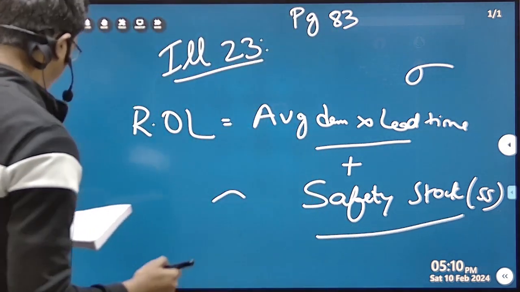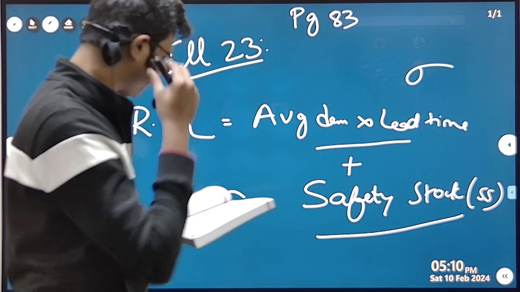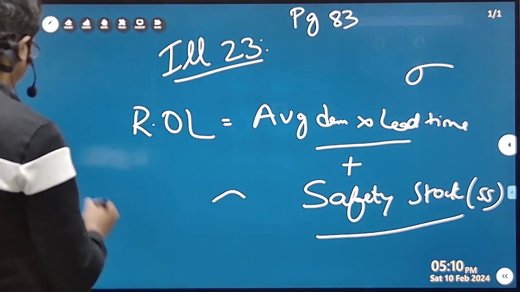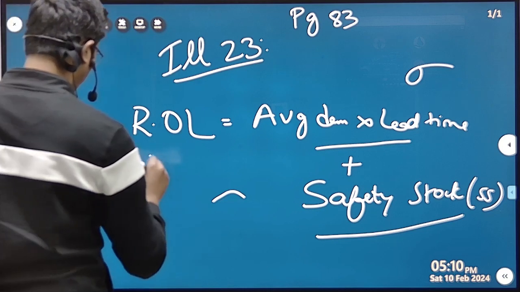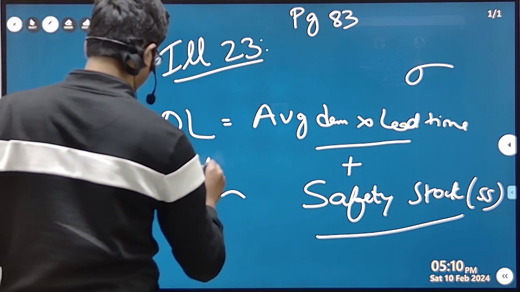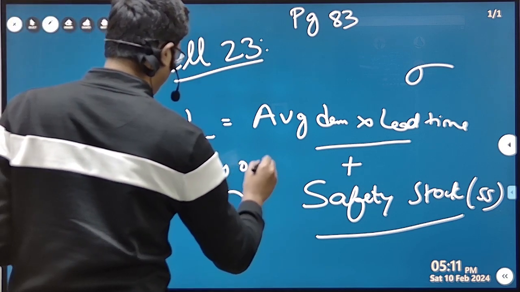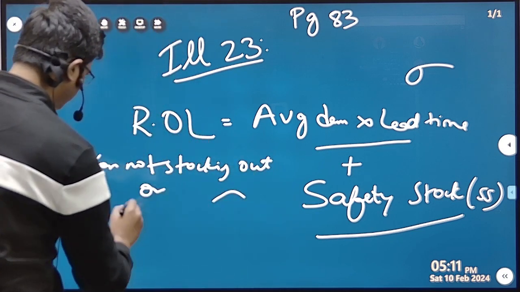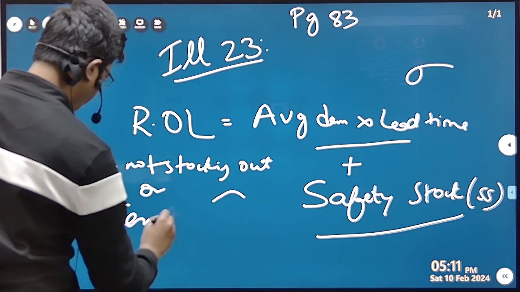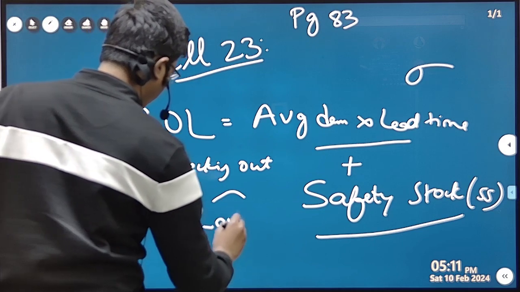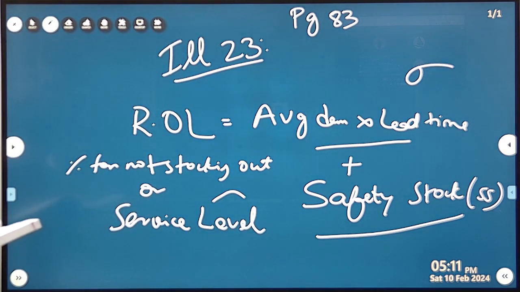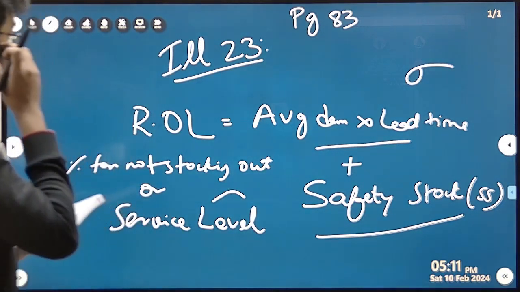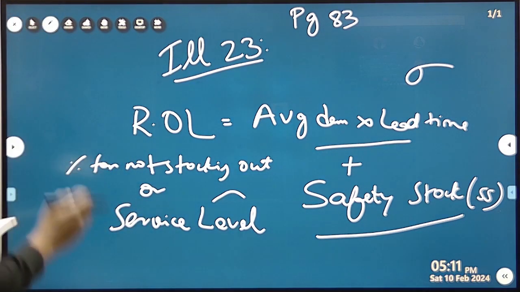Now in this kind of problem where he gives you a percentage for not stocking out, this is also called service level. He might use a different term, so it may also be called service level. So how do you solve this problem?